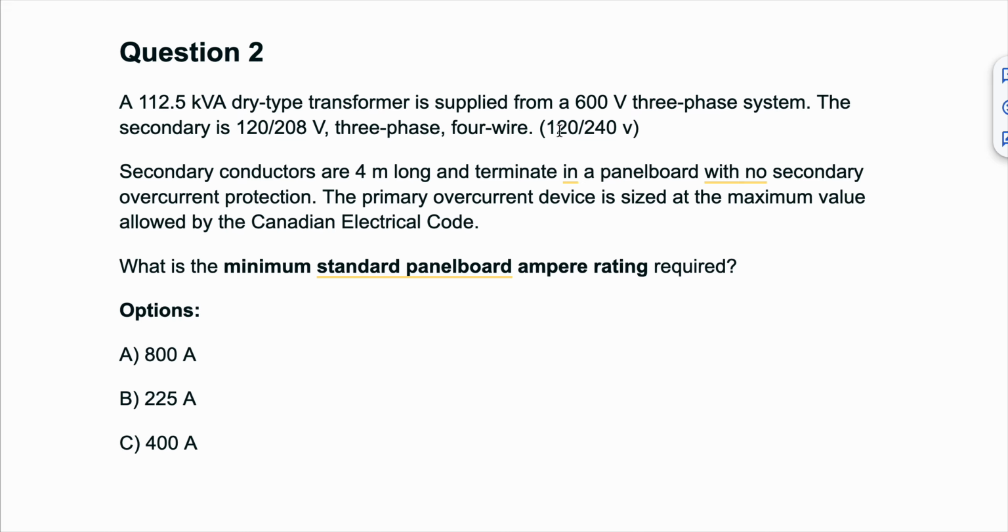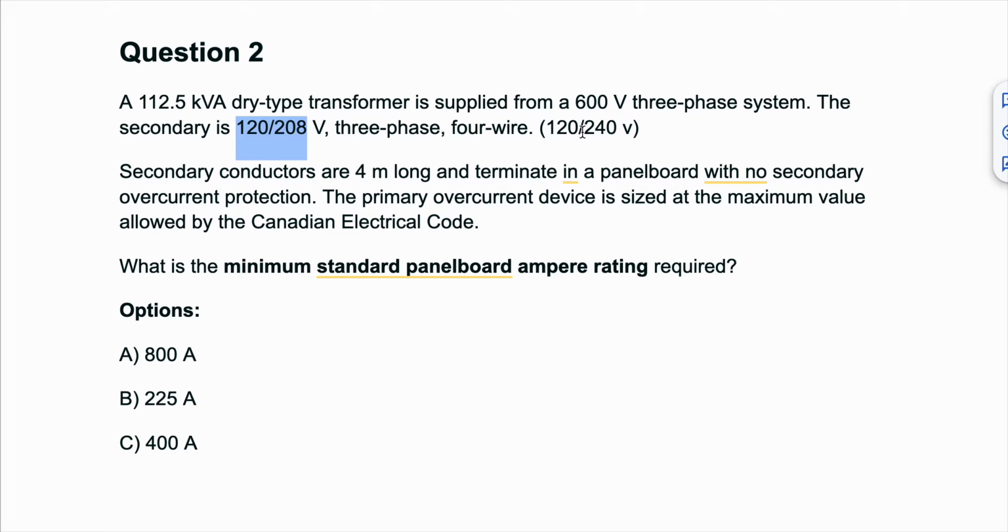The 120/240 is the secondary of a different transformer used for dwelling units or apartments. These are not three-phase transformers.